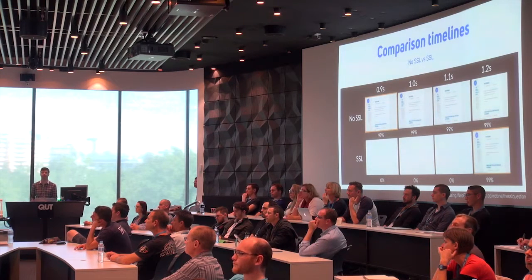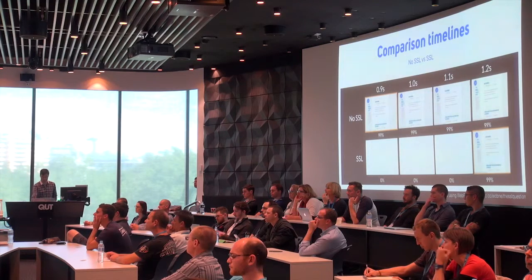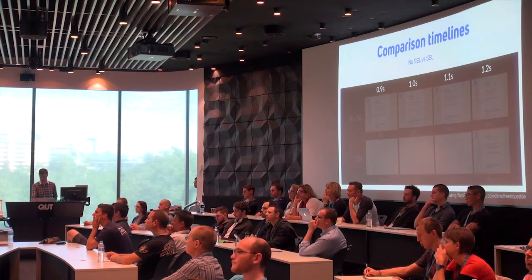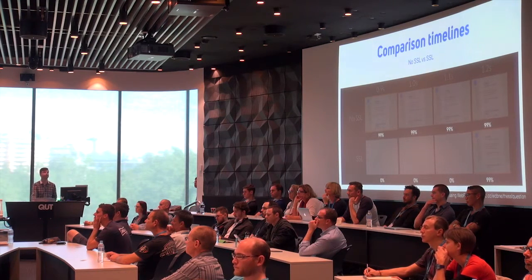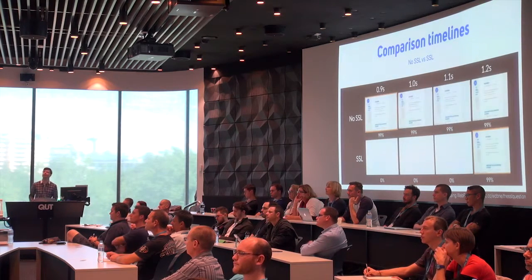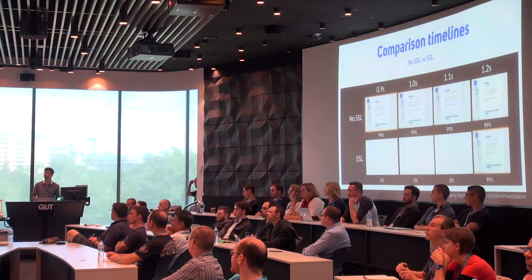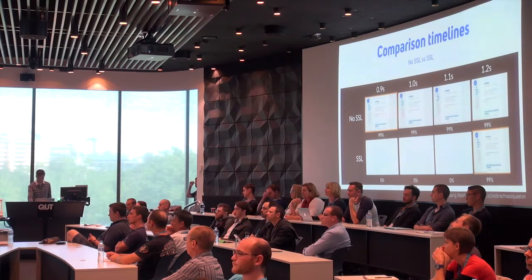One of the early tests I did was to just compare SSL versus no SSL. Above the timelines, they give you a timestamp. Below the timelines, they give you the visual completeness of the page. And so I can see that the SSL handshake was 300 milliseconds. It was actually closer to 200 and a bit milliseconds, but it was the right little bit that made it look like 300 milliseconds.